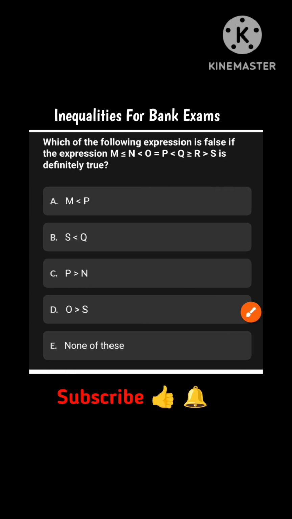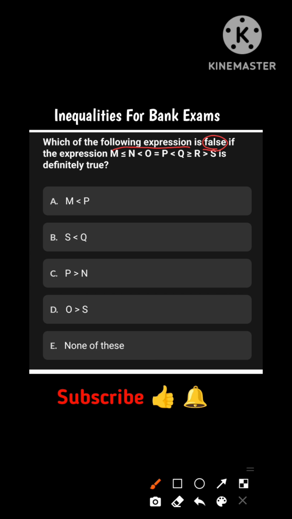Next, second question. Here it says, which of the following expression is false? So the flow from M to P to M. From P we can reach to M, it is possible. So first one is true. The flow from Q to S. From Q we can flow to S, it is possible.